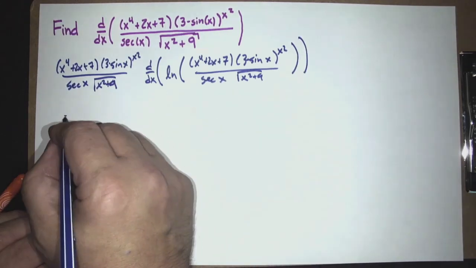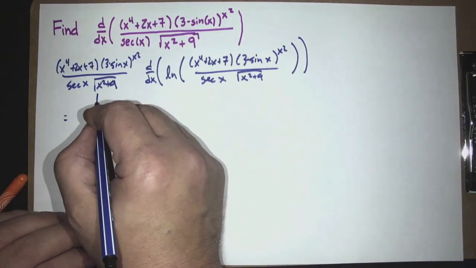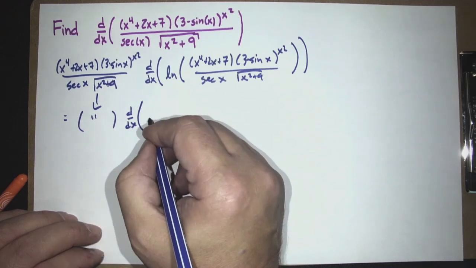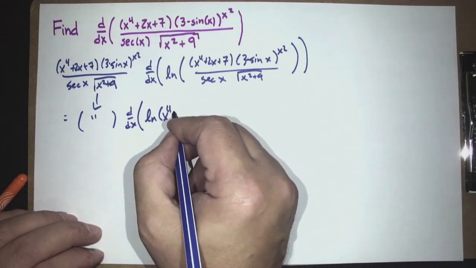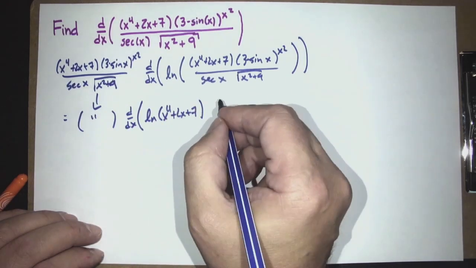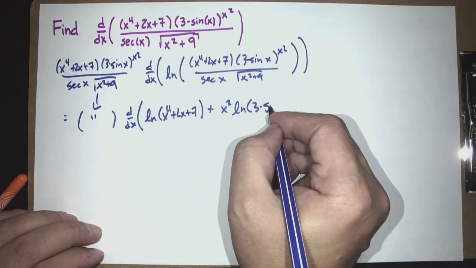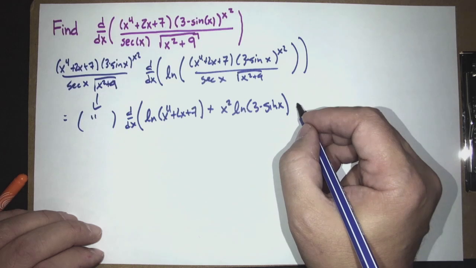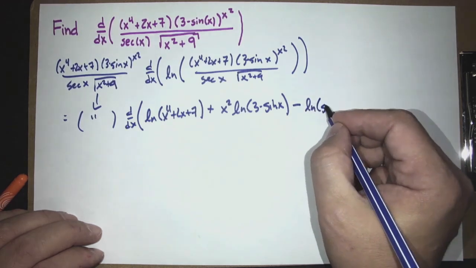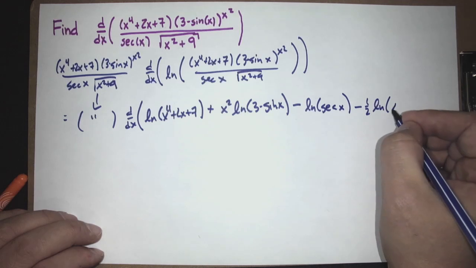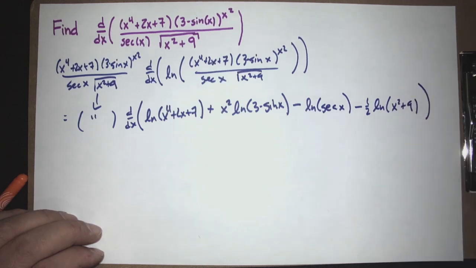What can you do? Well, multiplication becomes addition. So this is the derivative of natural log of x to the fourth plus 2x plus 7, plus x squared natural log of 3 minus sine x, minus natural log of secant x, minus 1/2 natural log of x squared plus 9.